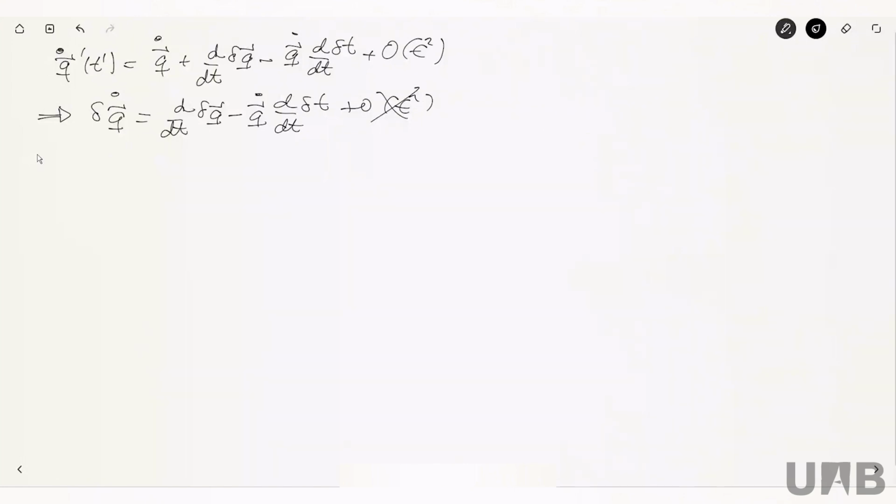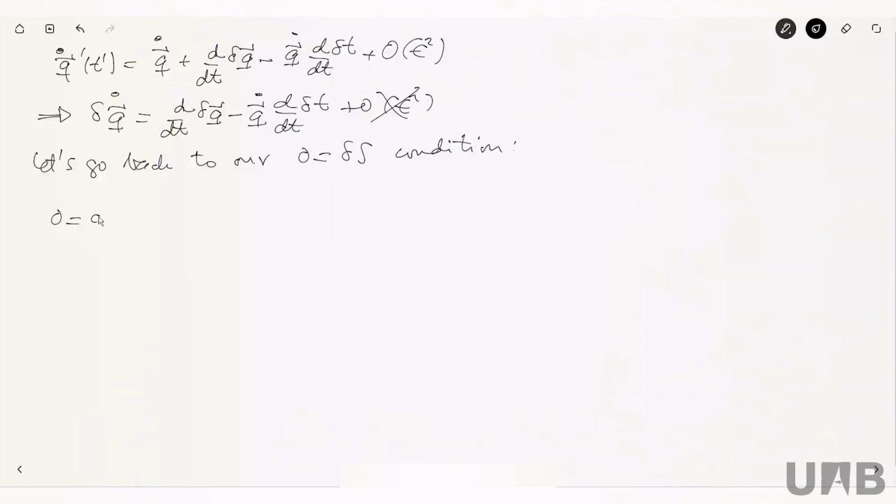So now, let's go back to our 0 equals delta S condition, right?